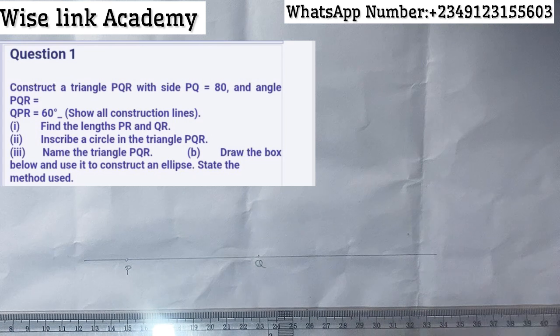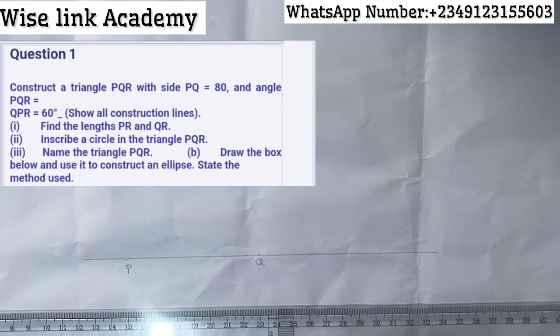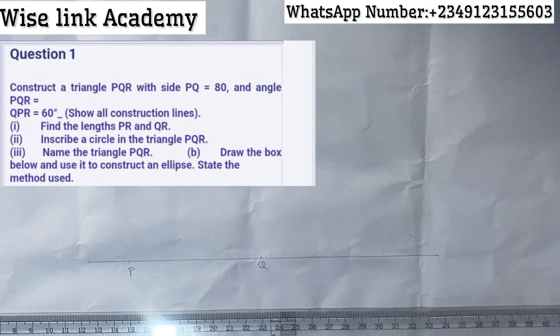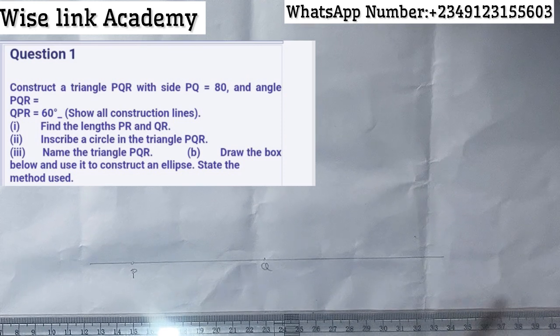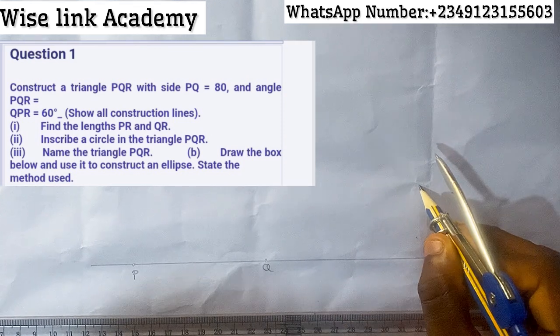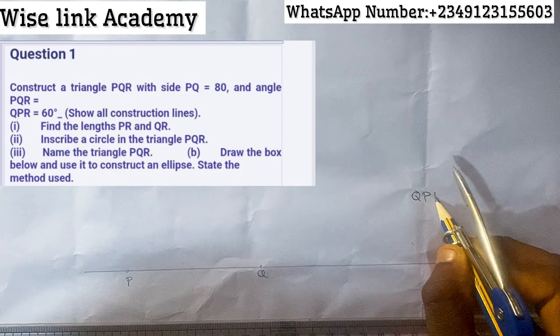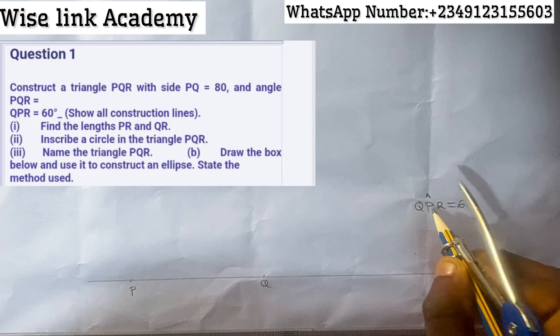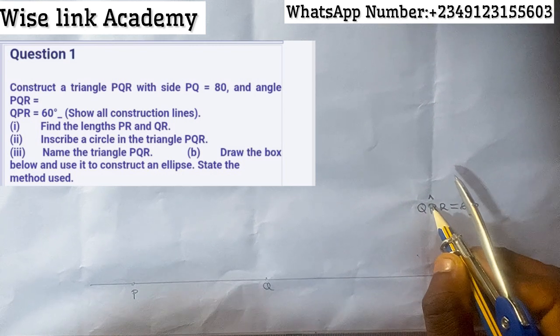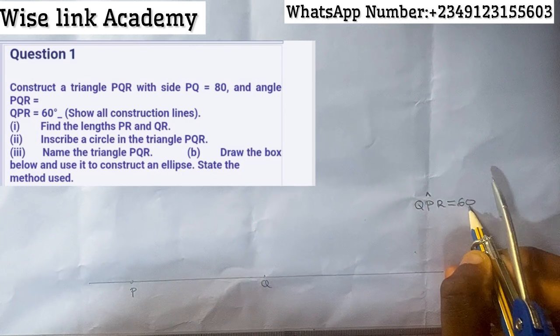Now observe that they said angle PQR equal to dash. Then they said QPR equal to 60 degrees. If I'm given QPR to be equal to 60 degrees, I'm focusing on the center, which is P. So this P itself is the 60 degrees.